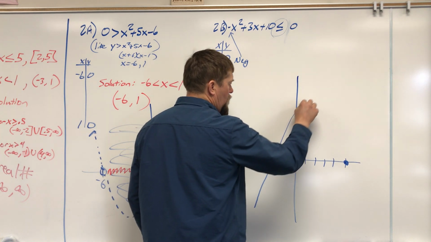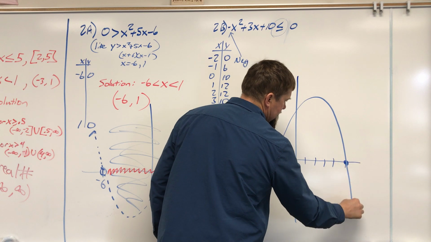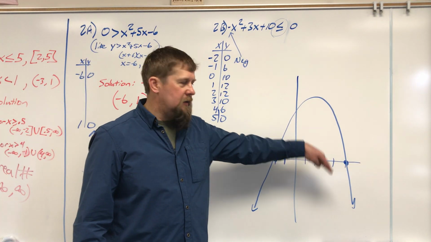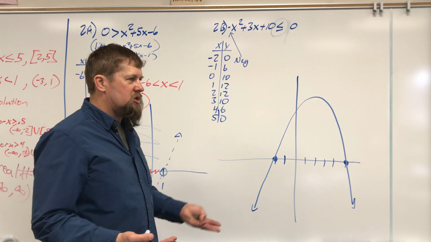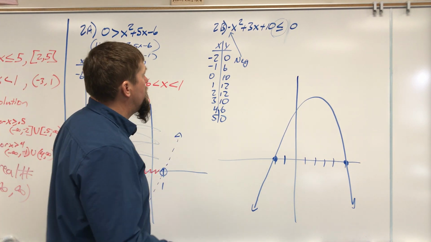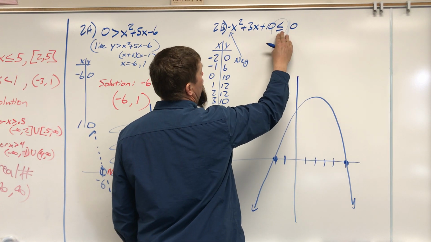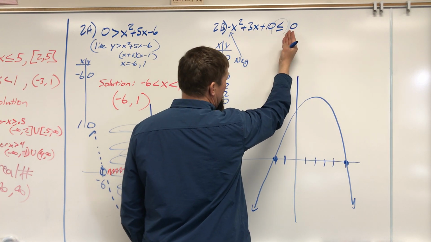I'm not going to be real worried about exactly how my graph shape is, but I am concerned with whether it opens up or down, because when I look at this sign, now you got to remember this sign is on the back side.